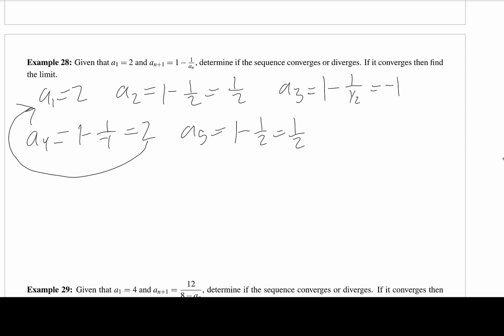So if I get back to 2, which we did for A4, then we're just going to repeat this cycle over and over again, which tells me that yes, we have an upper bound of 2, we have a lower bound of negative 1, but this is non-monotonic, and so we say it diverges, because its absolute value is not approaching 0.